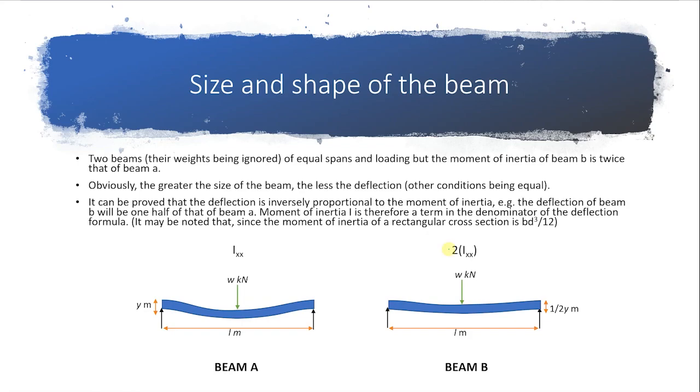Kalau katakan this is 3. Okay, triple the I-axis of beam A. So kat sini dia punya deflection akan jadi 1/3 Y. So for example, if let's say I put here 2 mm for I-axis, jadi 1/3 darab dengan 2 mm lah. Okay, tu maksud dia.